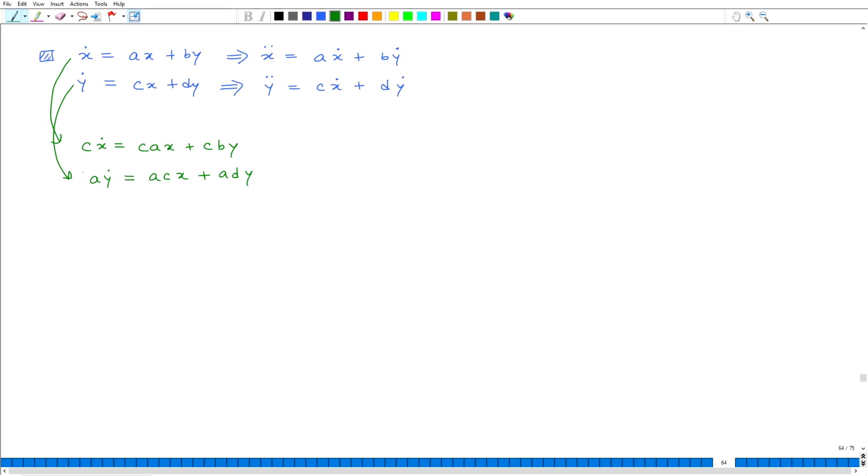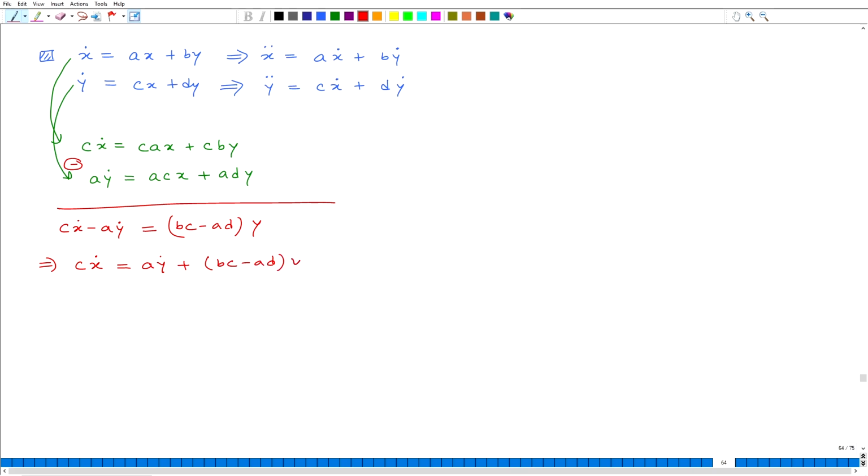You can subtract one from the other, and then you will have cx dot minus ay dot equal to bc minus ad times y. So, you can also write cx dot is equal to ay dot plus bc minus ad times y.